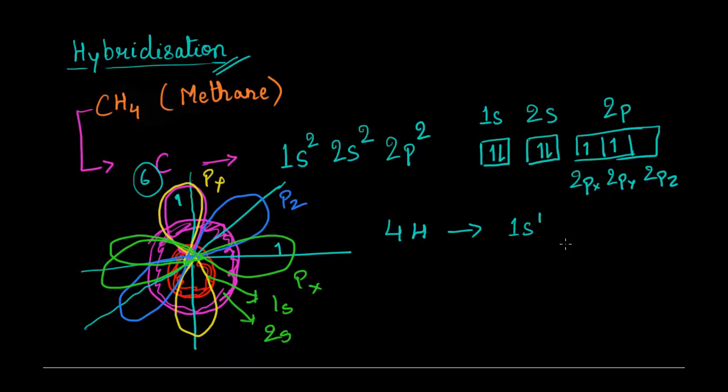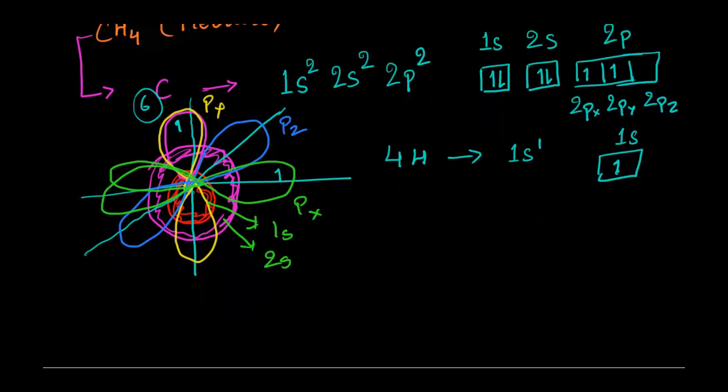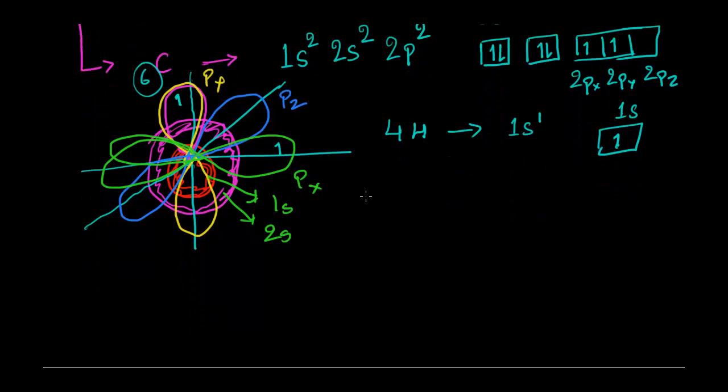If I draw the box diagram, this is my 1s orbital and there will be only 1 electron, which is an unpaired electron. I want these four hydrogens to combine with a carbon to form a molecule of methane. Basically, they have to bond with carbon. So here comes the fun part.